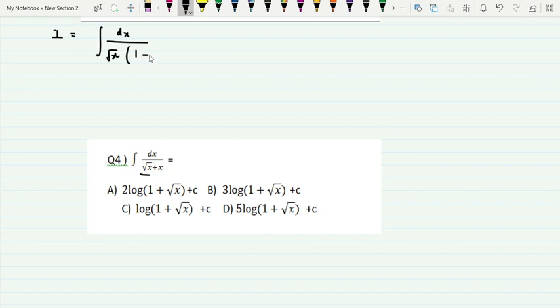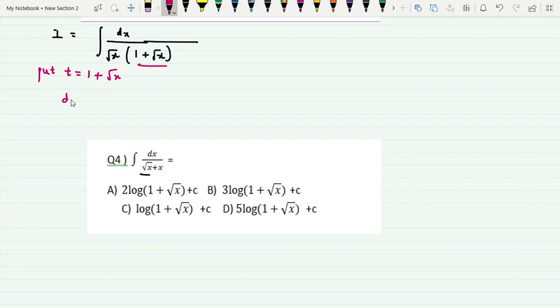What is left here? 1 plus root x. Here x is root x square. So we will take root x outside. Now we put this 1 plus root x equal to t. So put t equal to 1 plus root x.